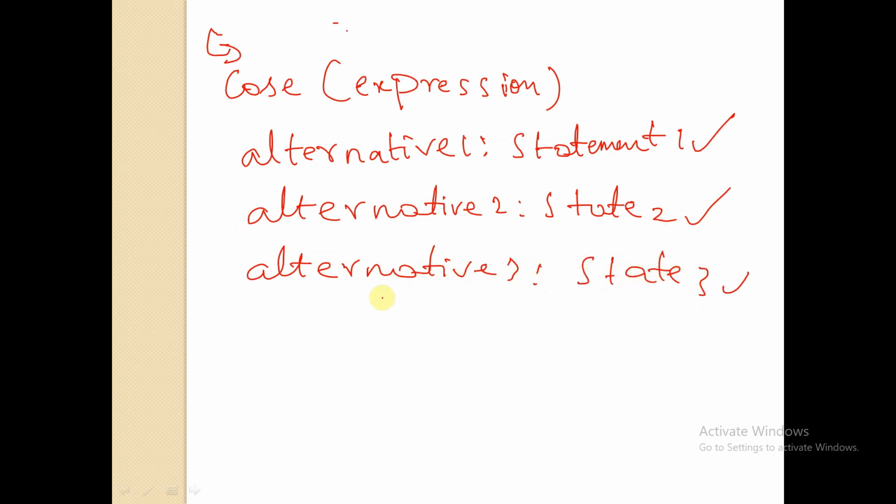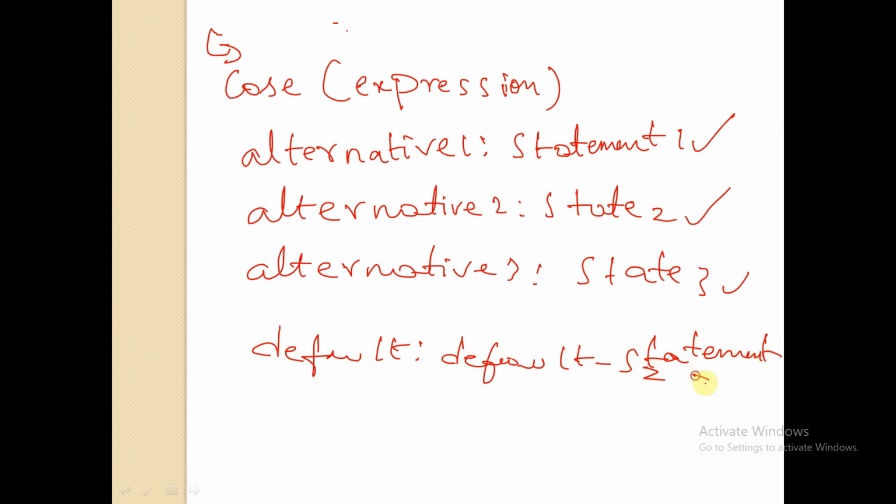So like this it will work. And we should also mention one default statement, that is, if none of the alternatives is matching with the expression, then our default should be executed.